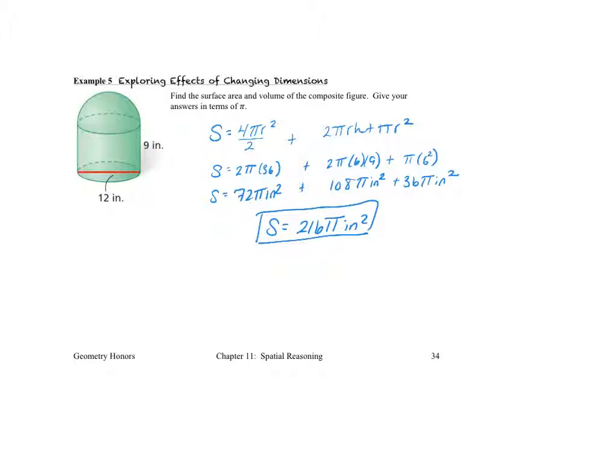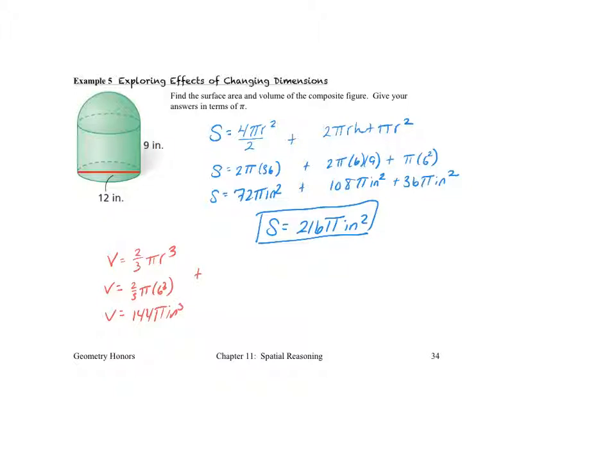And then for the volume, we'll do the volume of the hemisphere, which is going to be, remember, 4/3 times a half, so 2/3 pi r cubed. And so the radius is 6, so 2/3 times pi times 6 cubed. That's 144 pi inches cubed.